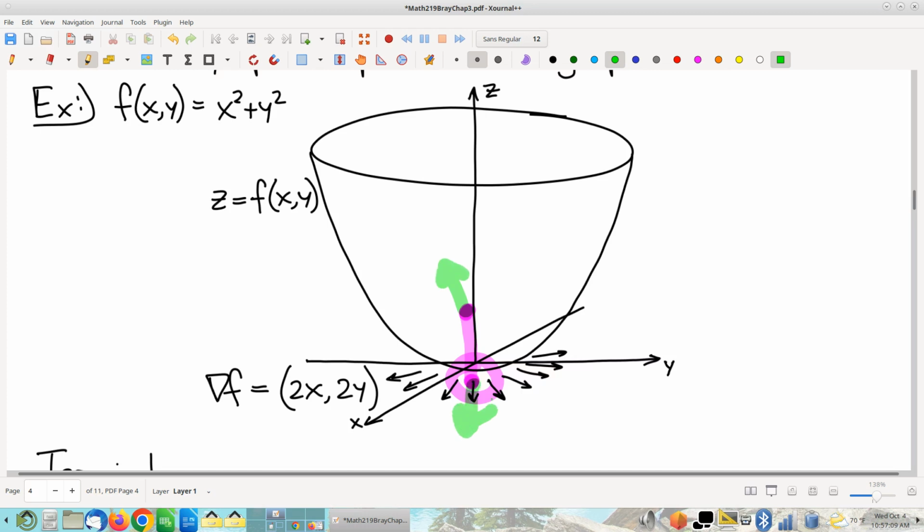And this is the corresponding direction in the domain, on the map, if you will, that would have you actually going uphill in the bowl that is this graph.